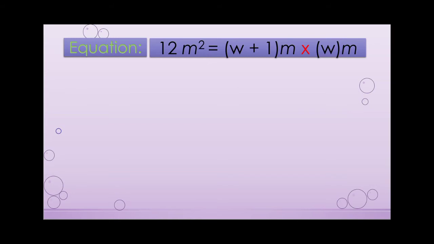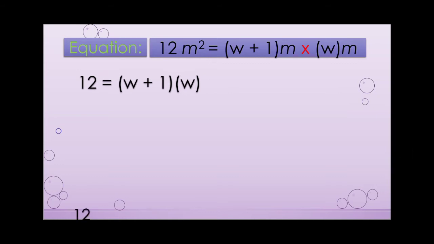Okay, so let us remove the units first. So, we have now 12 is equal to W plus 1 times W. Now, let us remove the grouping symbols, and that is by using the distributive property.